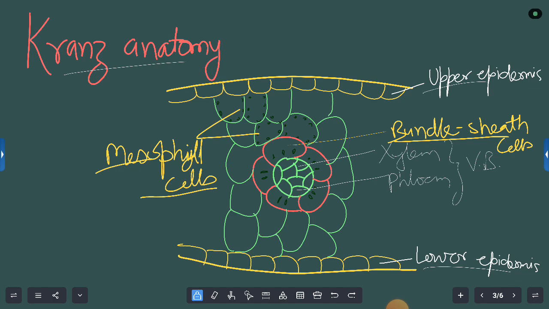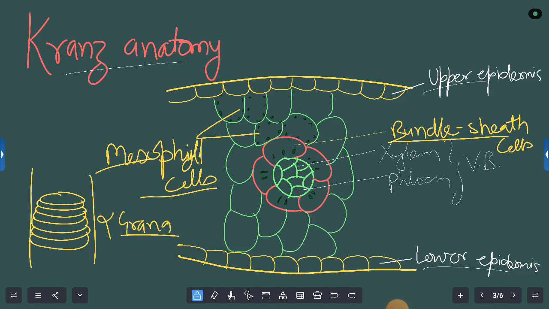As we have seen in the chloroplast, thylakoids are stacked one over another to make a pile, but this grana structure is not found in the bundle sheath cells.